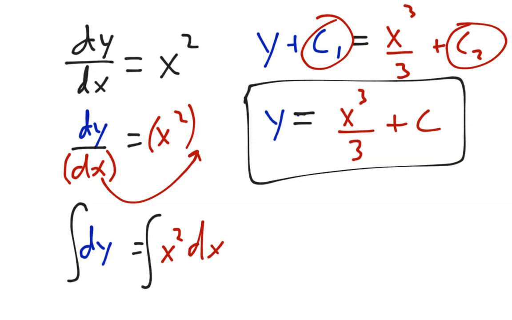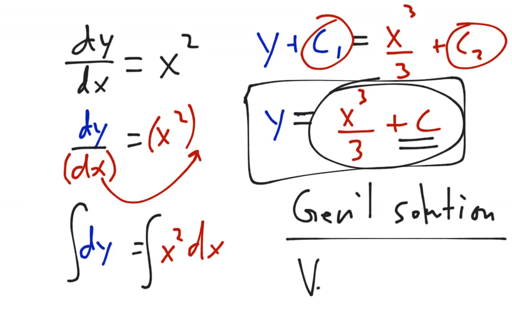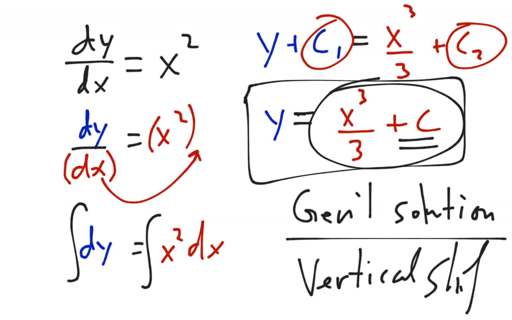This is my general solution, if you remember that from the Intro to Differential Equations video. And now notice that this is a cubic, and the plus c, if you remember your transformations, is a vertical shift based on what the initial condition is.